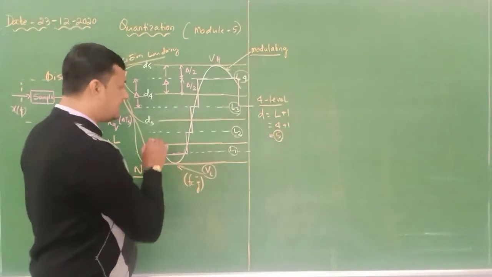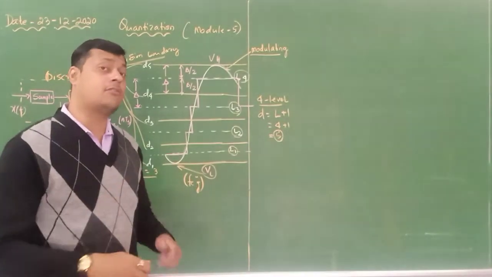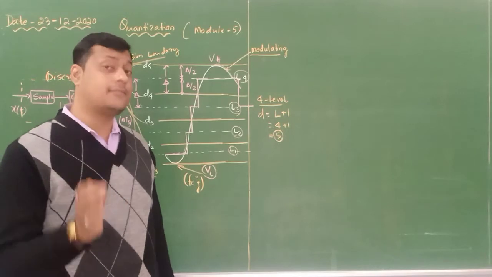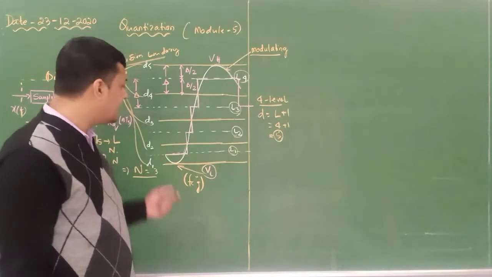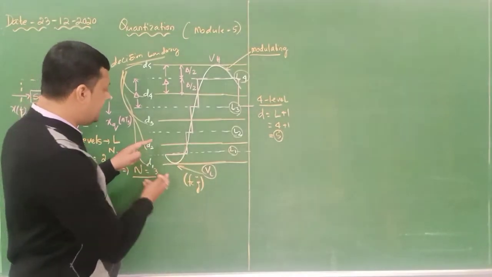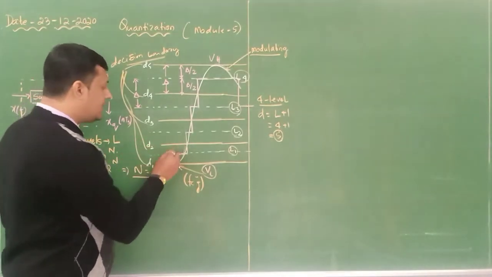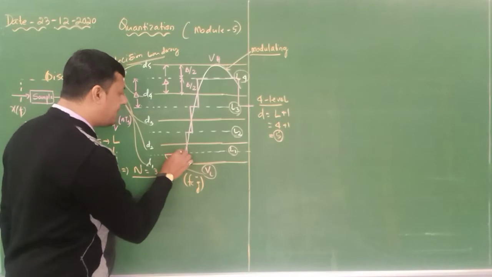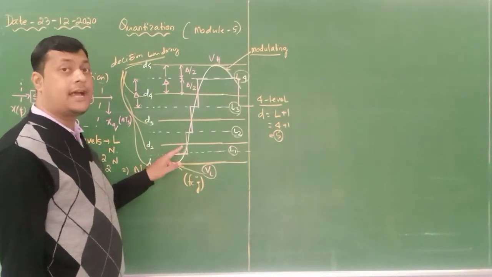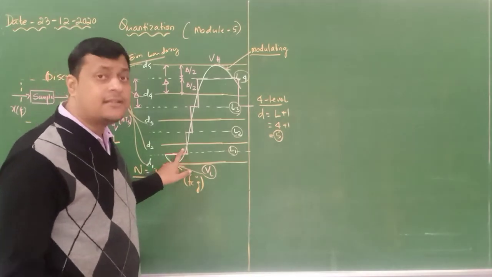Now in this, the quantizer will decide according to the levels, not the decision boundary. It is according to the levels. How? When this particular signal is within D1 and D2, the quantizer will identify from the midpoint, because it will identify the nearest value.